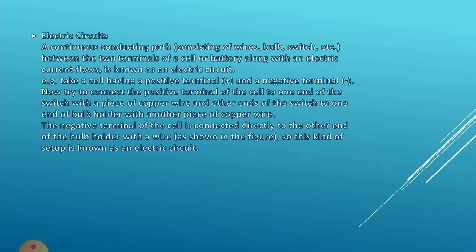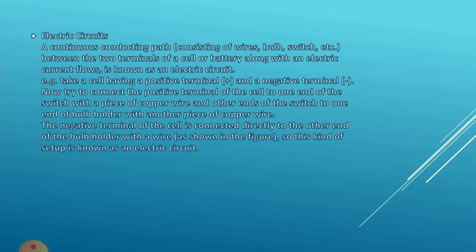Example: take a cell having a positive terminal plus and a negative terminal minus. Now connect the positive terminal of the cell to one end of the switch with a piece of copper wire, and the other end of the switch to one end of the bulb holder with another piece of copper wire.